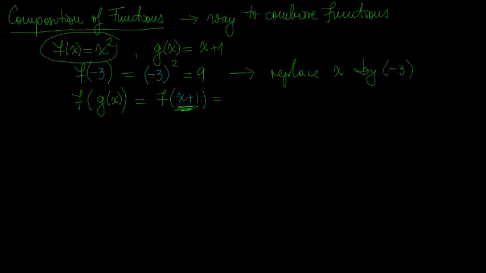So I'm going to have x plus 1, and then as before with the 3, I'm going to have everything squared. So the idea here is very similar to what we had before. If before, when I had the number negative 3, I replaced x by negative 3, in this case here I'm going to replace x by the parentheses x plus 1.